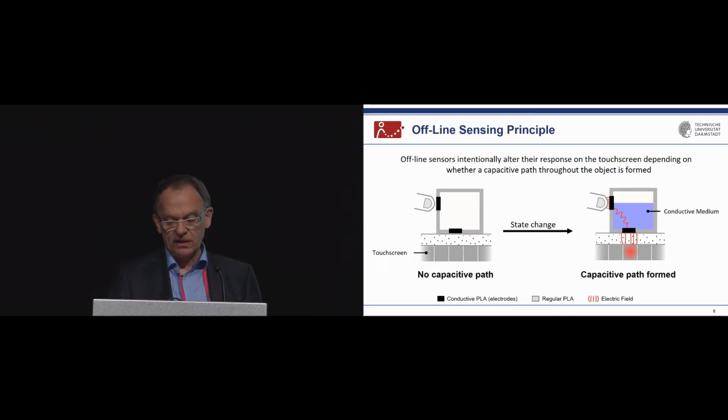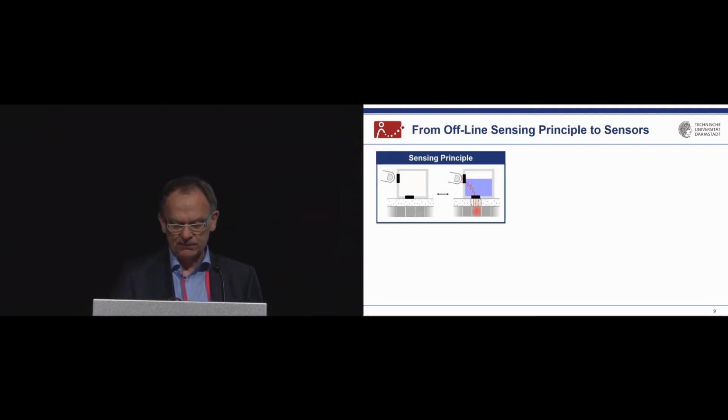Now let me mention that in this case it looks like you have to almost fill this chamber. In reality, quite often just a little bit of liquid on the inner surface of this object would be sufficient to establish a conductive path. So you can sense quite subtle changes already. So this is the principle.